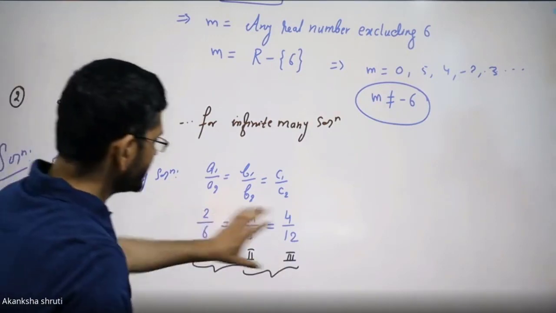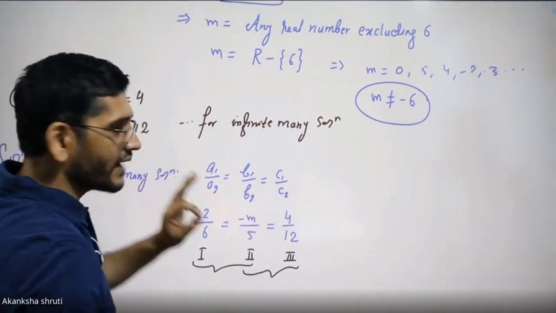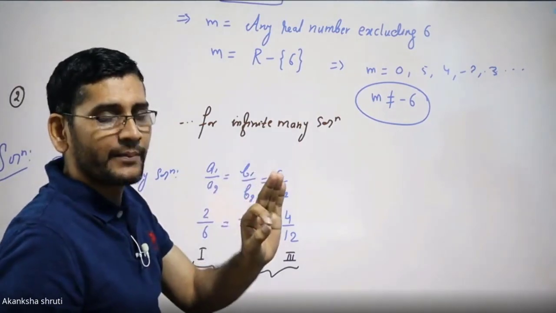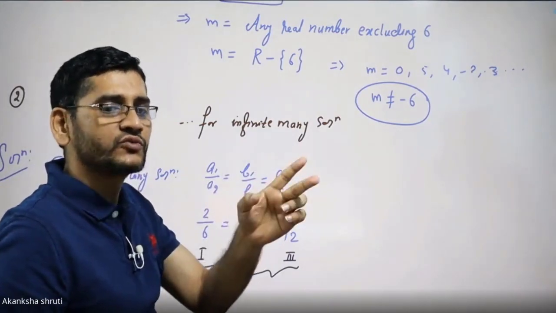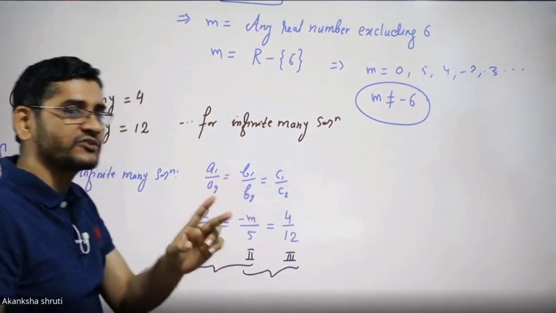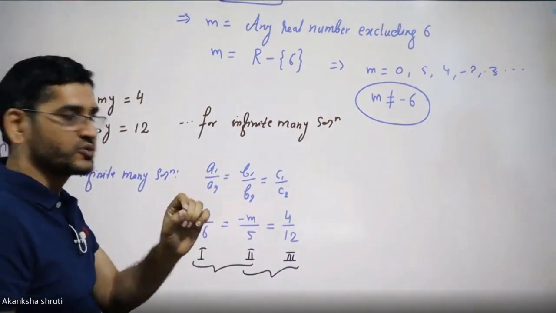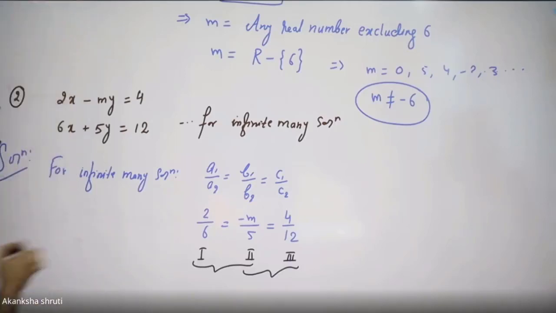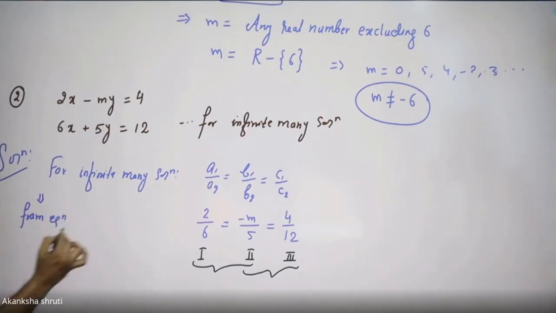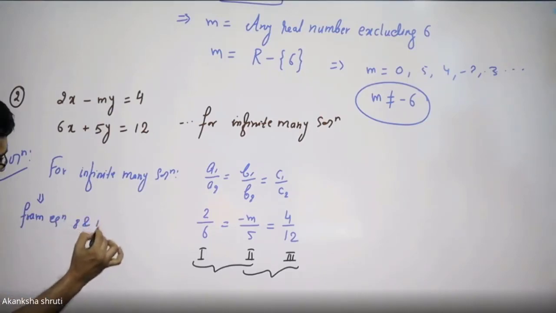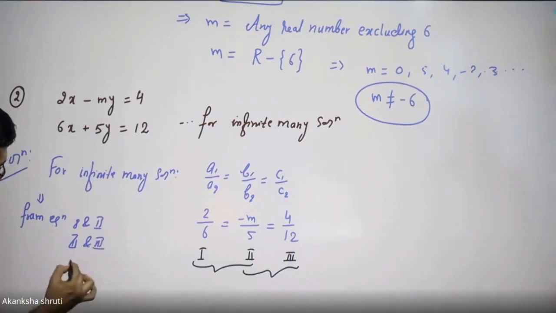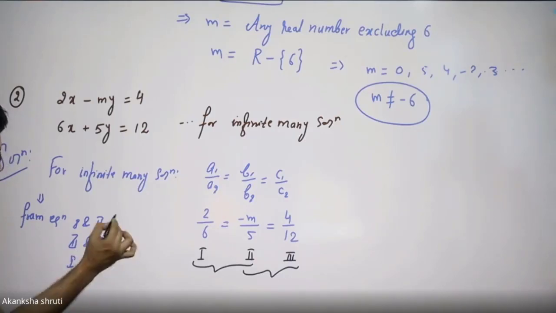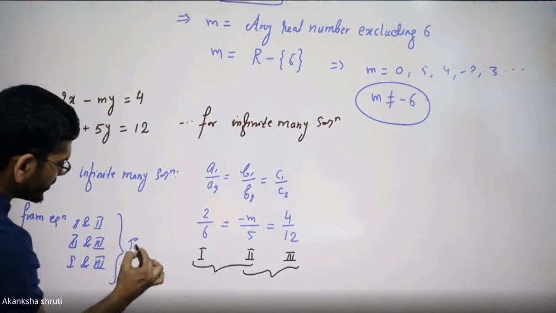So wherever three ratios are there, I have three choices. But ultimately you will get two equations, because you will observe that one of the equations is a combination of the other two. So for forming the equations, frame an equation from 1 and 2, or 2 and 3, or 1 and 3, this way you will get two equations.